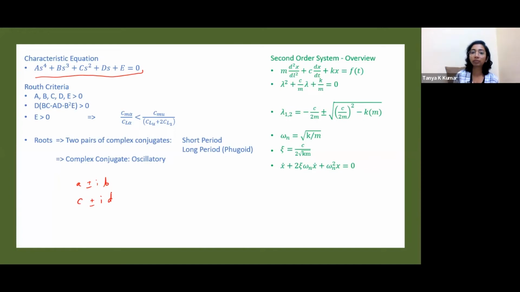But how do we know if it goes to equilibrium or deviates from equilibrium? Which of these quantities, a, b, c, d, indicates whether it goes to equilibrium, that is, if it's stable or not? It's a sign of any of these parameters. Which one?